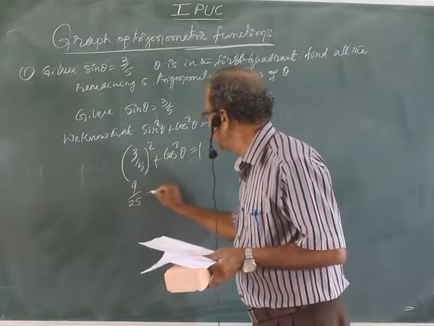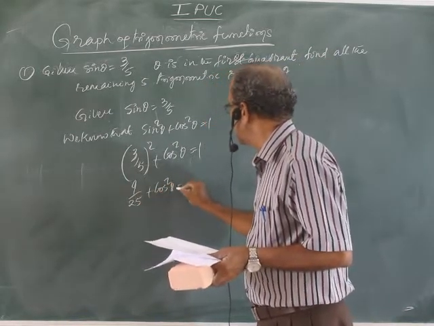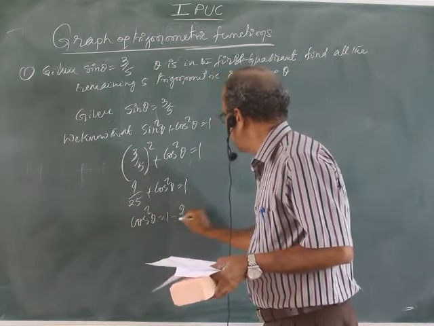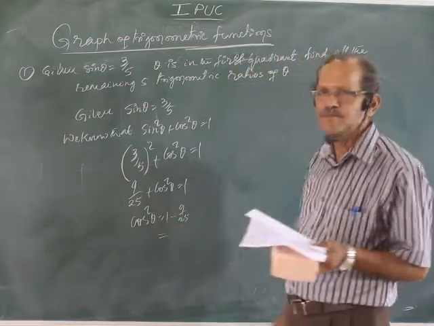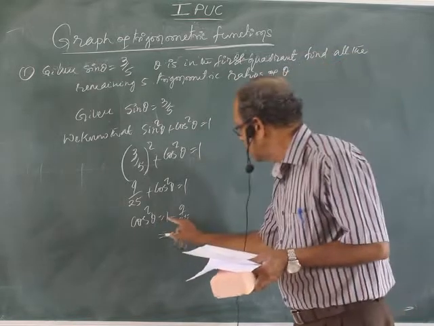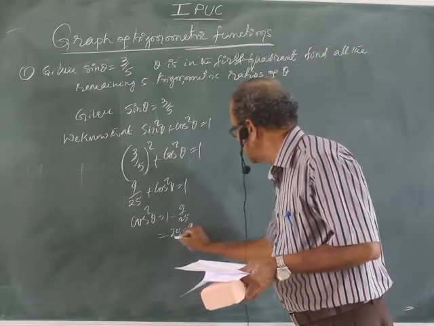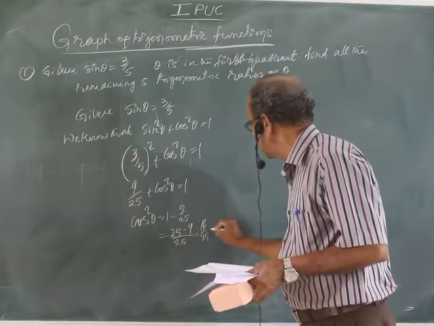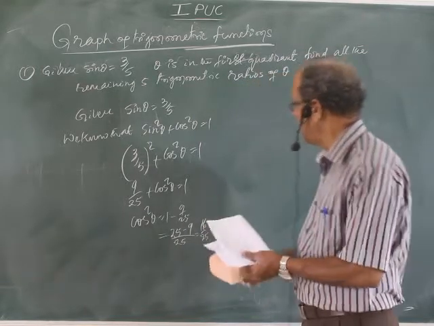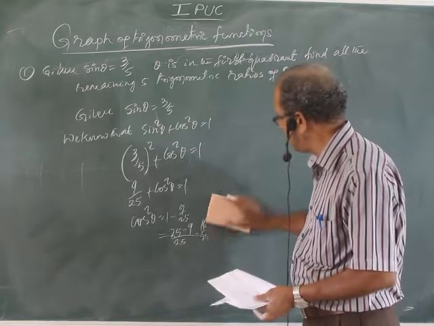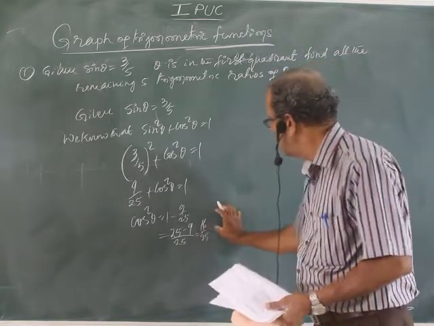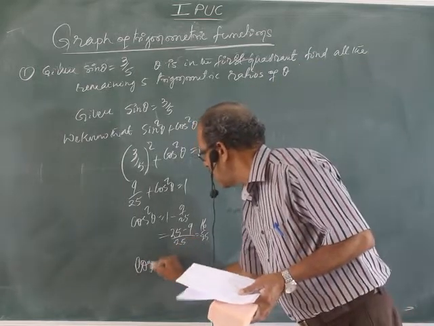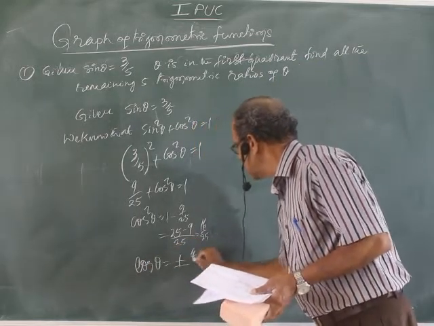9 by 25 plus cos square theta equal to 1. Cos square theta equal to 1 minus 9 by 25, or 25 minus 9 by 25, which is 16 by 25. Cos theta is plus or minus 4 by 5.